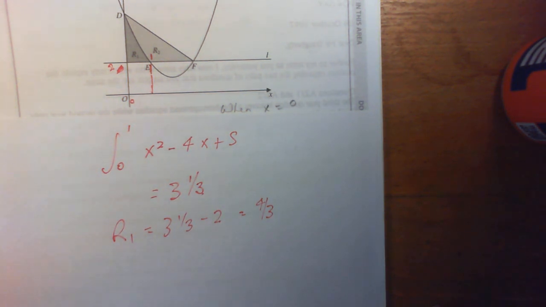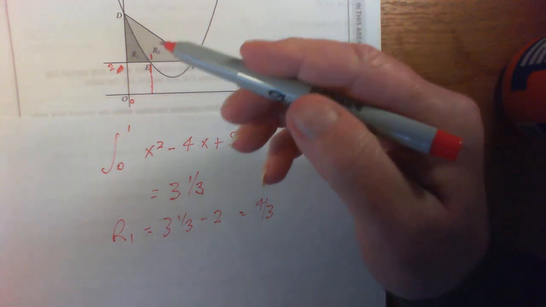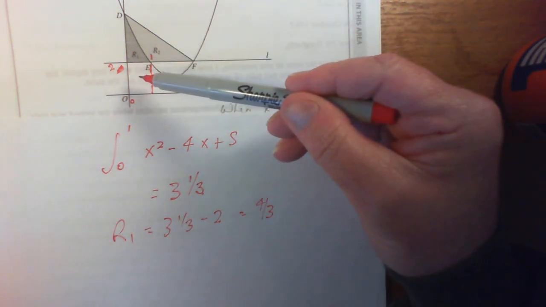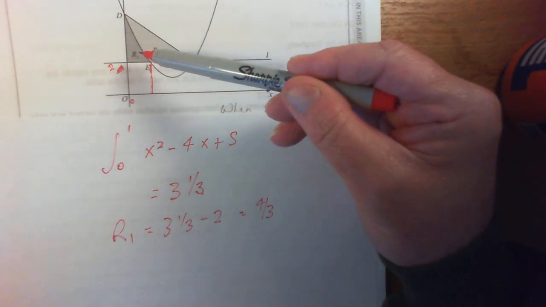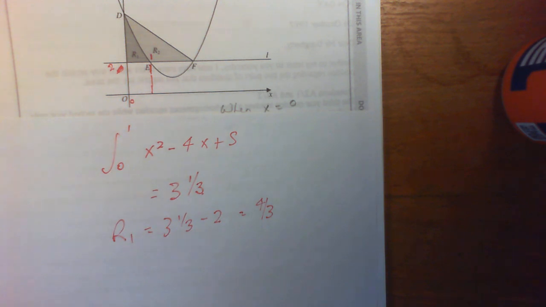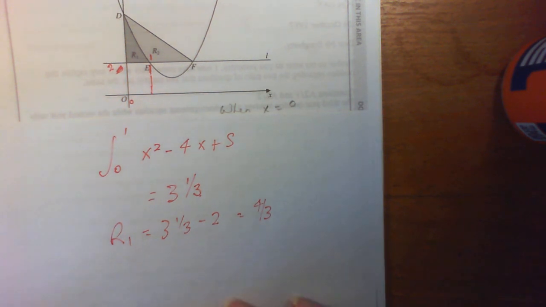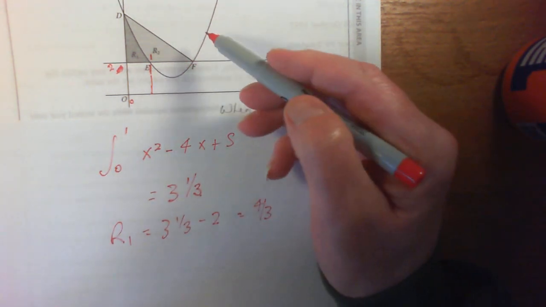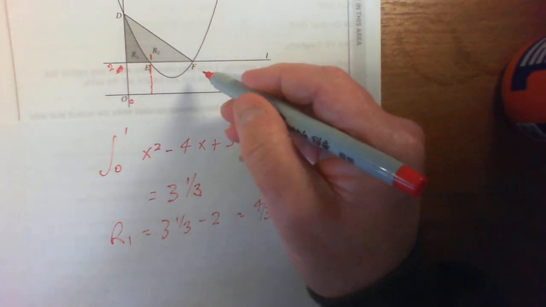So that's all the hard bits done, really. I integrate in the normal way, but I need to recognise that I need to chop off this bit here to give me R1. How do I work out what R2 is? Well, this whole bit is a triangle. I should have worked out what F is.